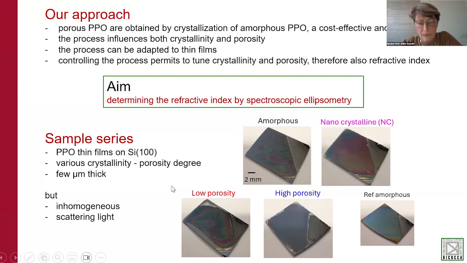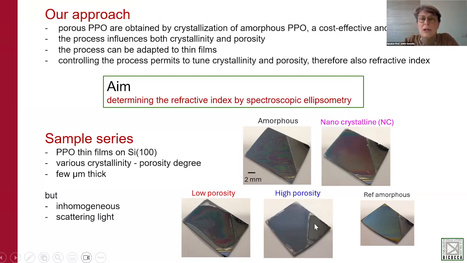Here are the samples we studied. We actually measured many more samples, but this is a homogeneous series: we have the starting amorphous film, the nanocrystalline, which is the amorphous one treated to get as crystalline a film as possible, and then something intermediate, low porosity and high porosity, I call them.